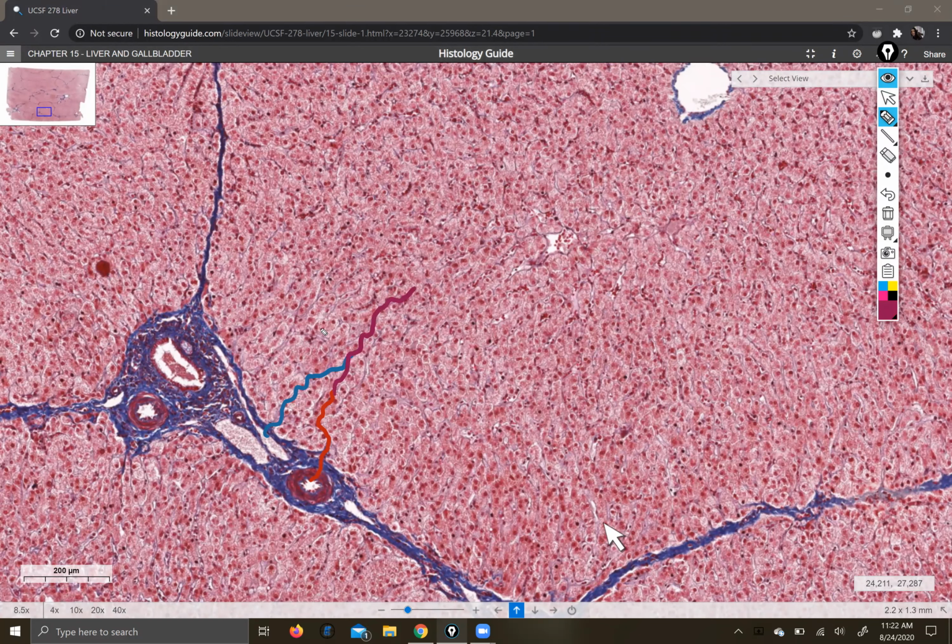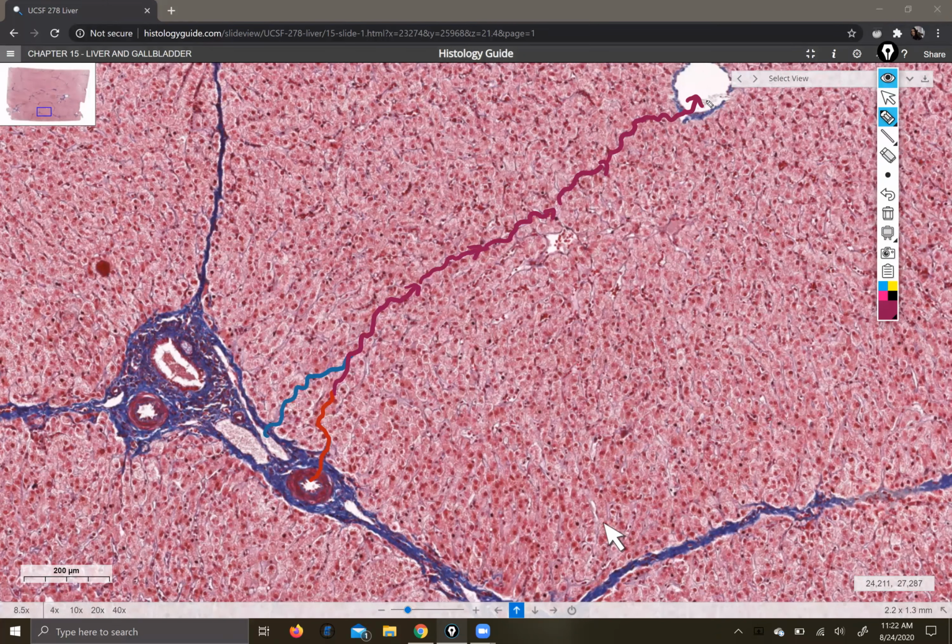So the blood that trickles in and through the sinusoids is really a mixture of oxygen-rich and oxygen-poor blood. And that's not something that is very common in circulation or in the body at all. It's pretty unusual, fairly specific to the liver. So that's something that's cool about the liver.